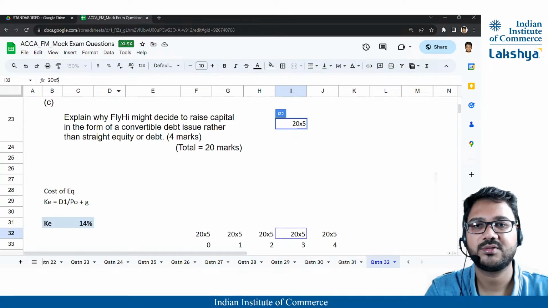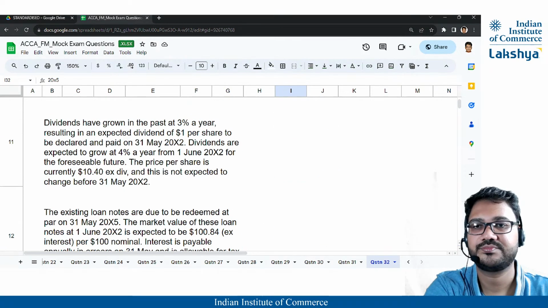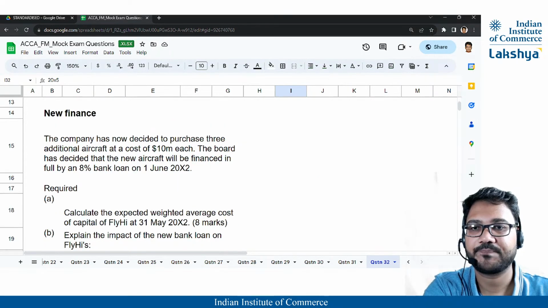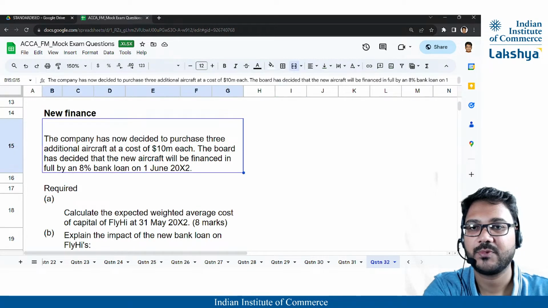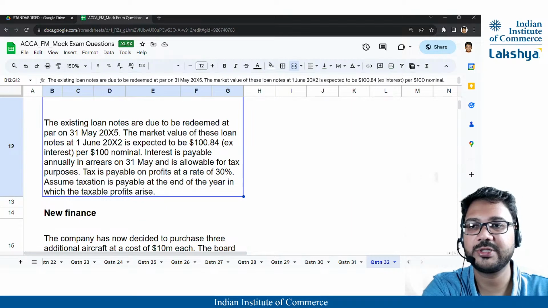Currently, the existing loan notes are due to be redeemed at par on 31st May 20x5. That's the end.